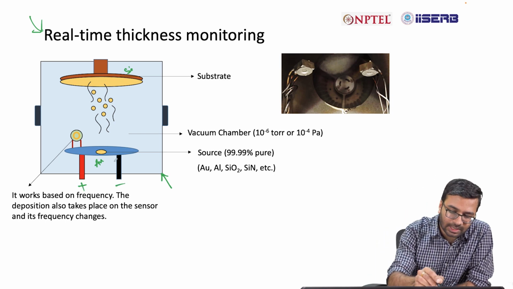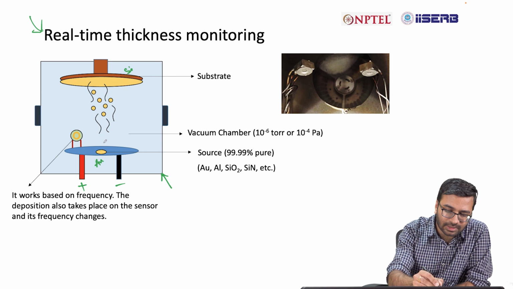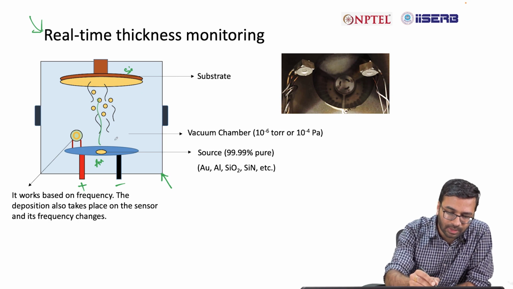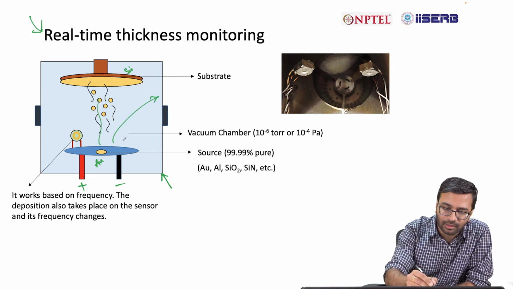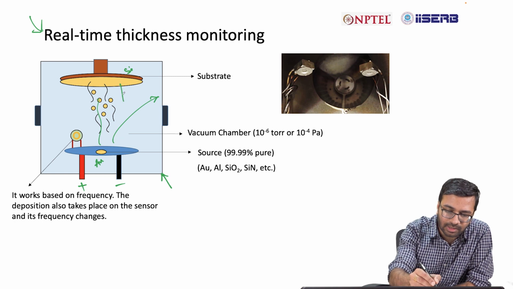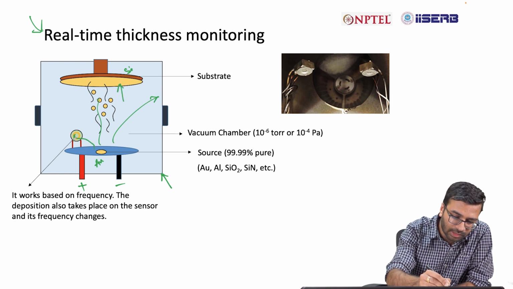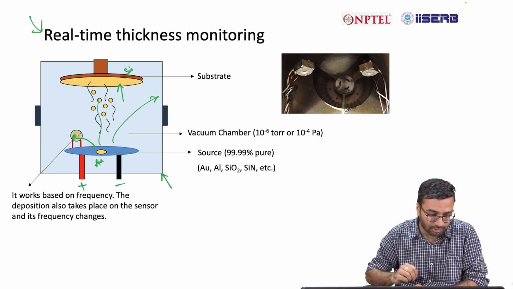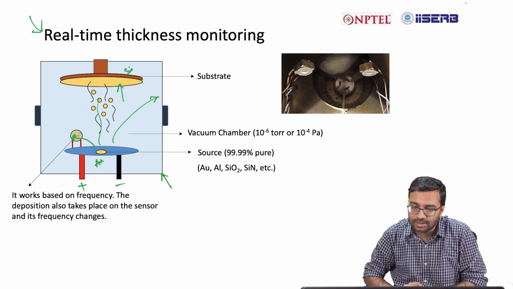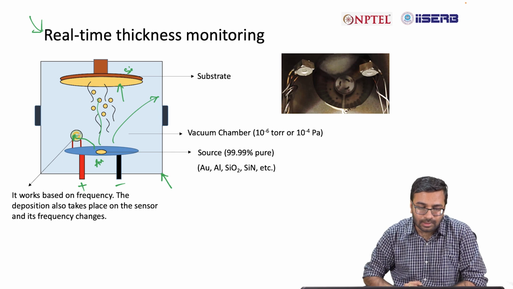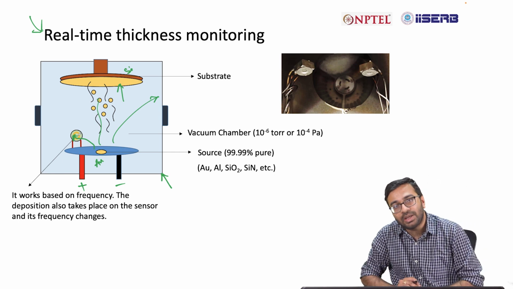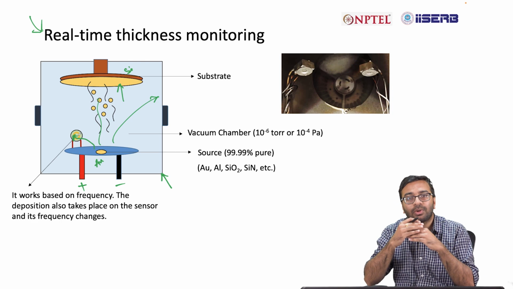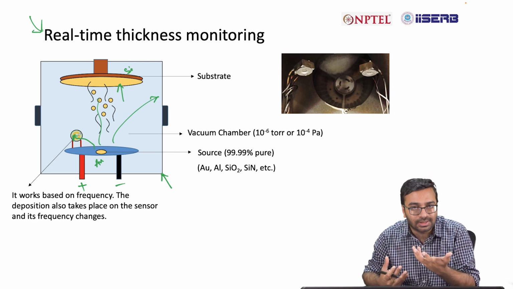So, you are using a current through this, and now it is evaporating. Now, once it is evaporating, it will go to the substrate, and it will also go to the thickness monitoring or crystal sensor, it will also hit the crystal sensor. In this case, the frequency of that crystal sensor will change as the deposition is increasing, because the mass is increasing. That is how a crystal sensor works.